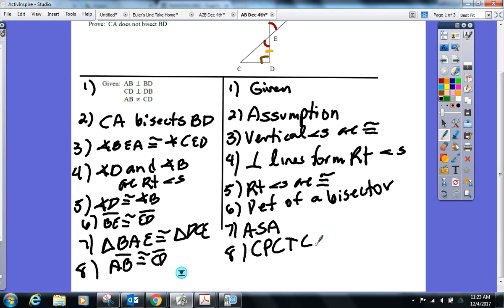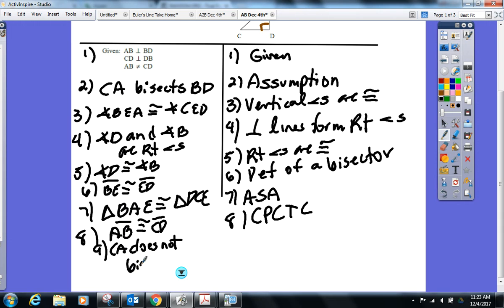What do we have now in our proof? We have a contradiction. That must mean our assumption is false. So now we can say CA does not bisect BD. Assumption led to a contradiction.